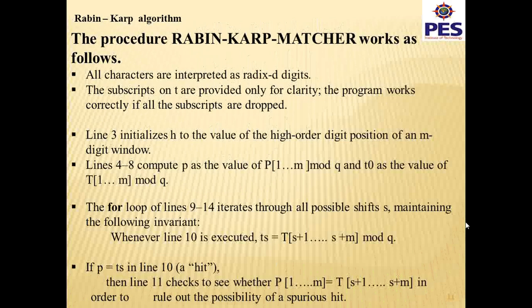Mod q applies to both the pattern string and the text string. Lines 9 to 14 go through all possible shifts s, maintaining the invariant on ts. When p equals ts in line 11, it means we succeeded in finding the pattern string in the text string.